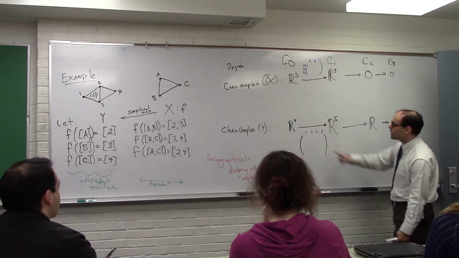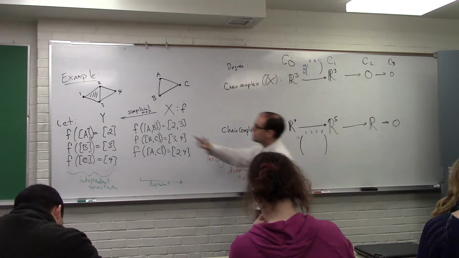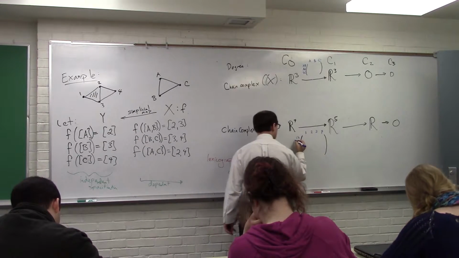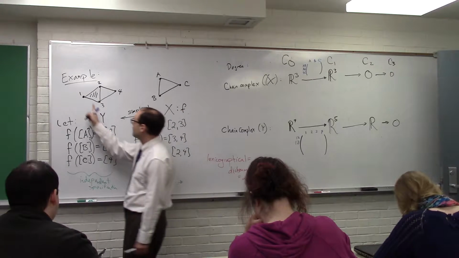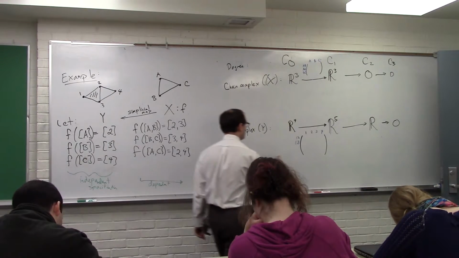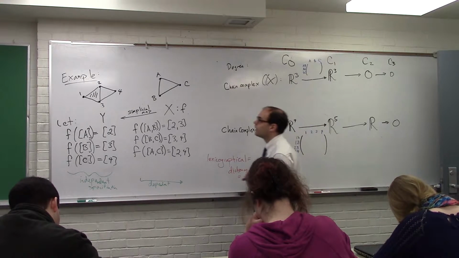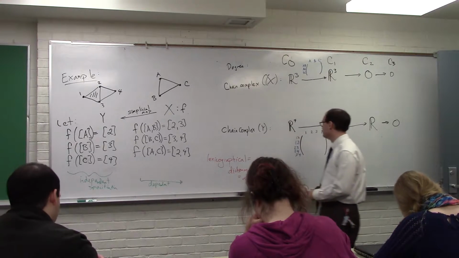All right, so what do we got? We got 1, 2 for sure. That's in there, that's this edge. Then 1, 3. Then 2, 3, 2, 4. And 3, 4. And that's it.